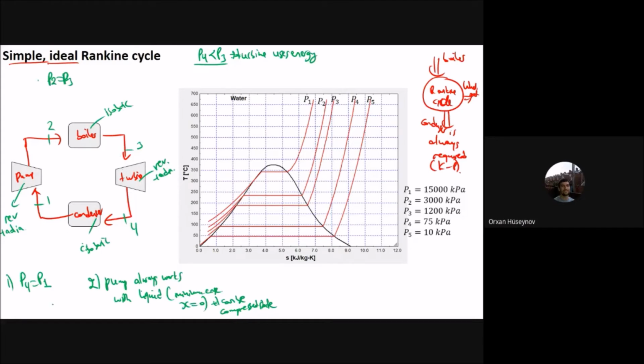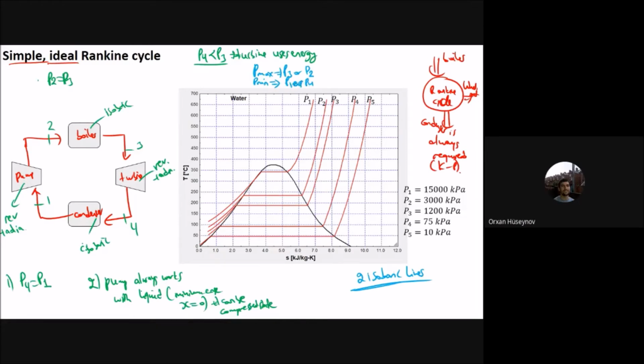In this manner, you have two isobaric lines, two pressure lines. One is the maximum and the other is the minimum. The maximum pressure is before the turbine, P3 or P2 because they are equal, and the minimum pressure is P1 or P4.